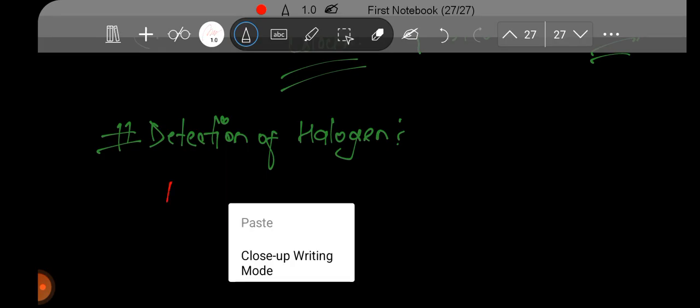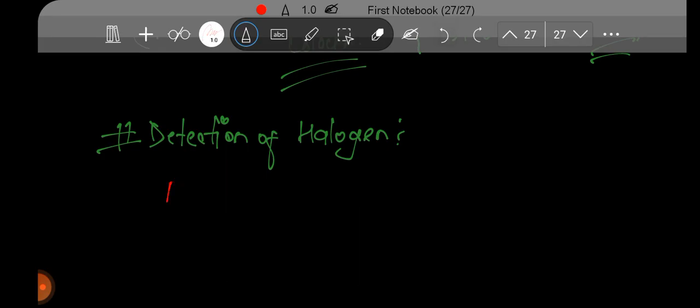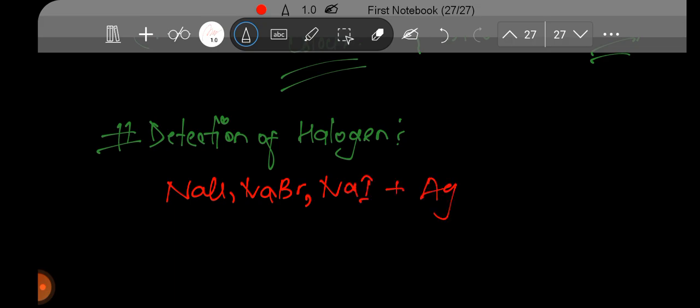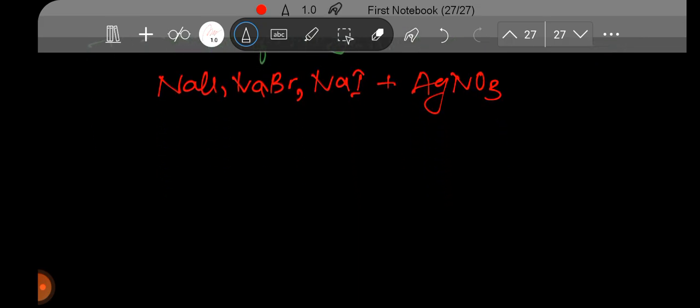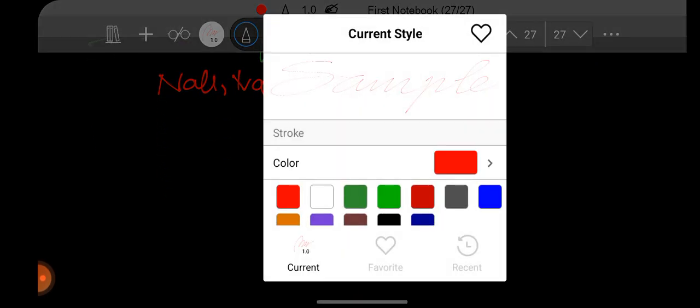If you have NaCl, no need to make sodium extract. NaCl, NaBr and NaI react with AgNO3 to give different color combinations.